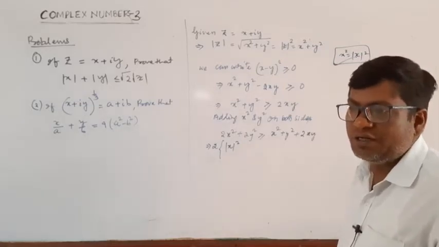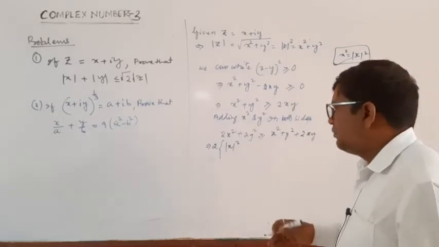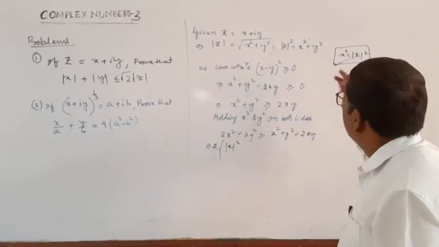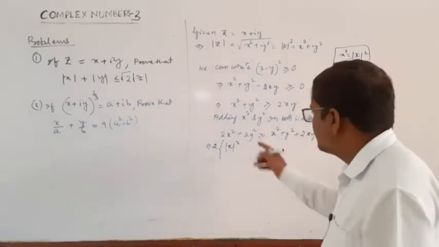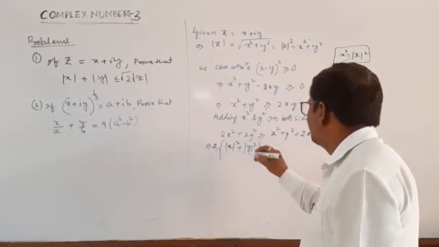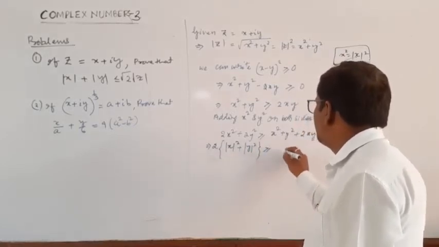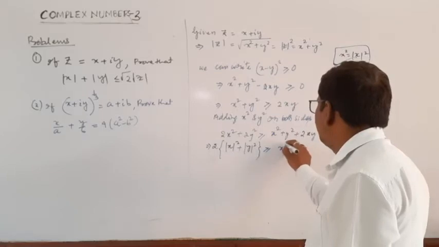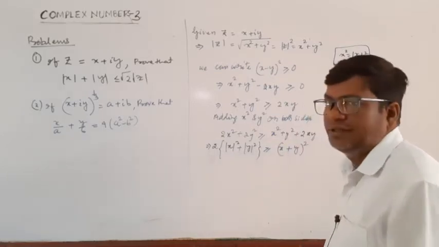We can write x square in place of mod x square, that is mod x square is equal to x square. So this can be written as mod y square, this is greater than or equal to x plus y whole square. Clear?